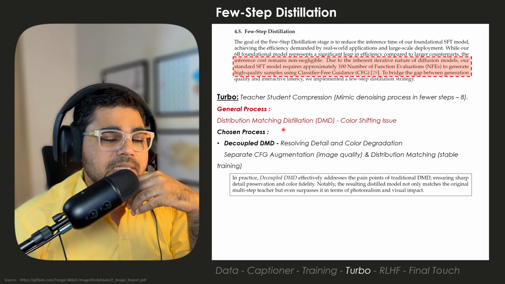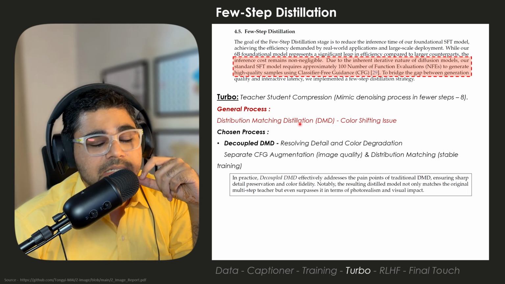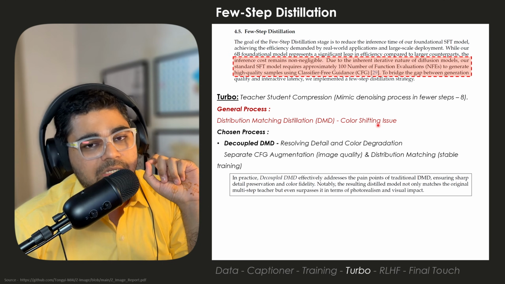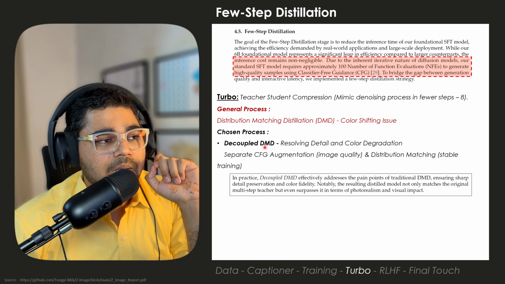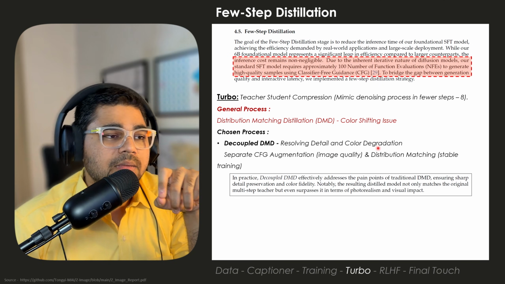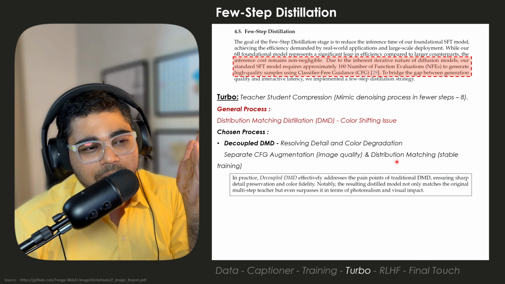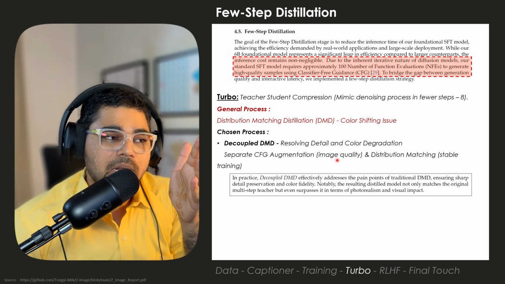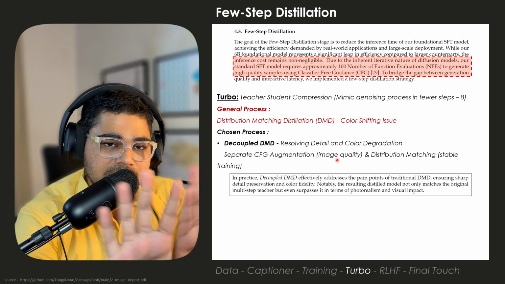And generally, they're saying the process involves using something called a distribution matching distillation. But when they used it, they had a color shifting issue and they didn't want it. So because of that, they use a decoupled DMD, which retained the image quality and had a stable training process. So when I read the paper, this is what it meant. Generally in DMD, this image quality and stable training happens simultaneously. They separate it out.